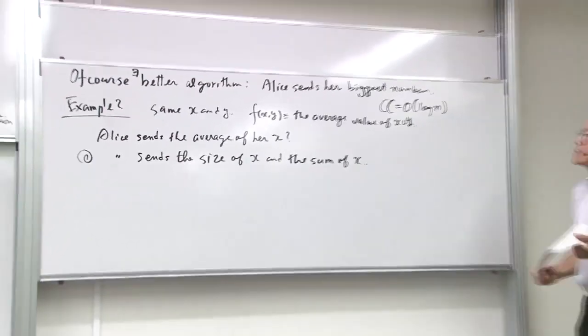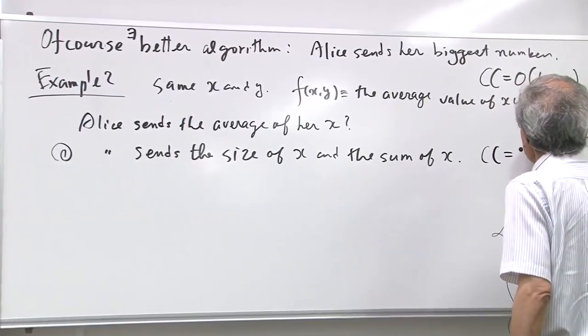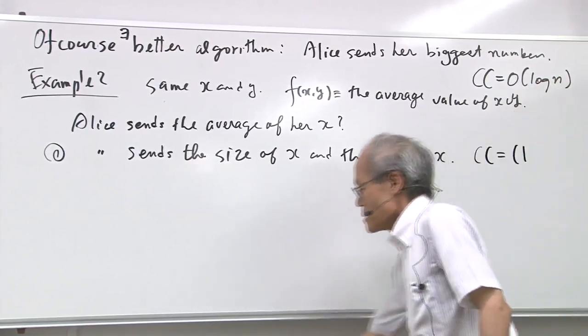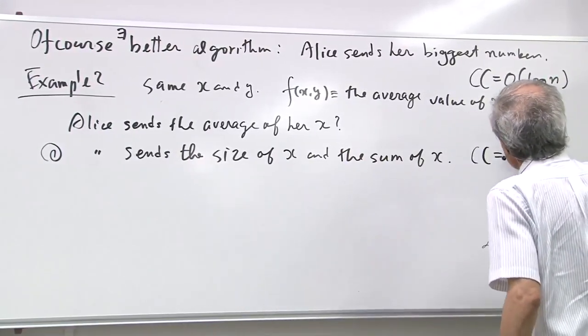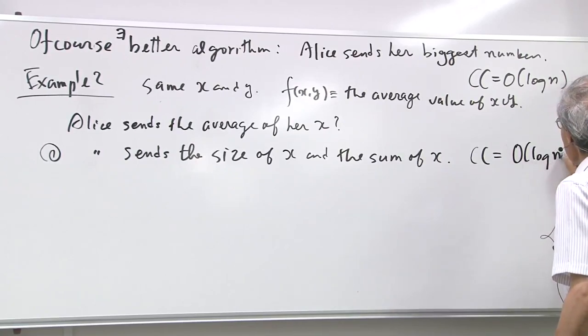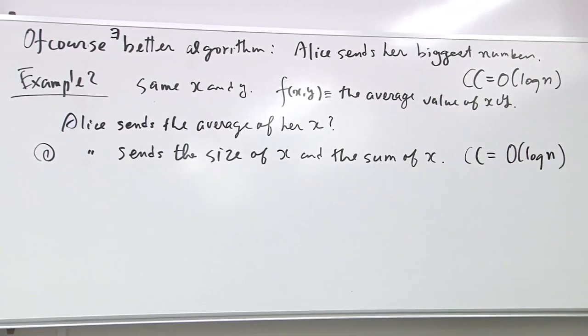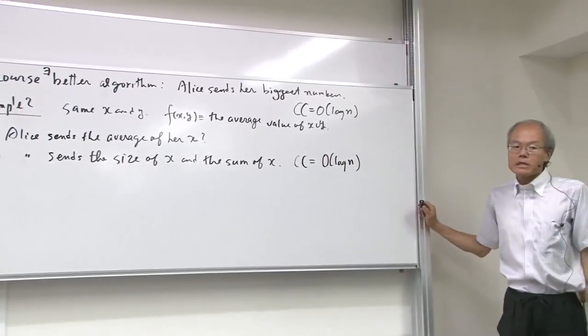So the communication complexity is big O of log n, right? Because Alice needs to send 2 numbers, but both need log n bits.